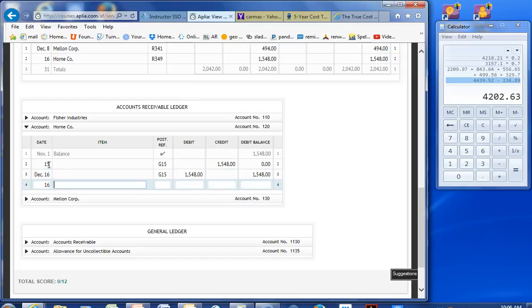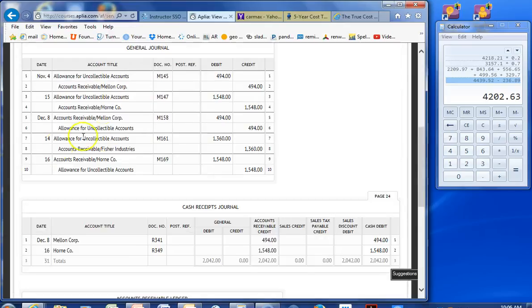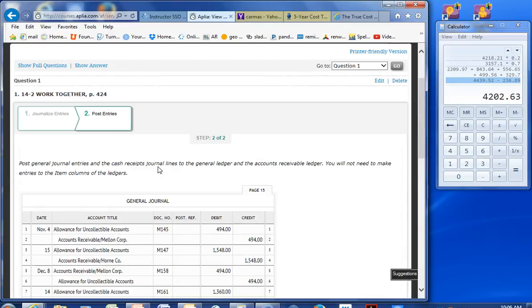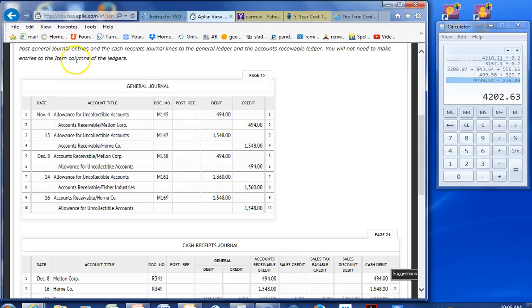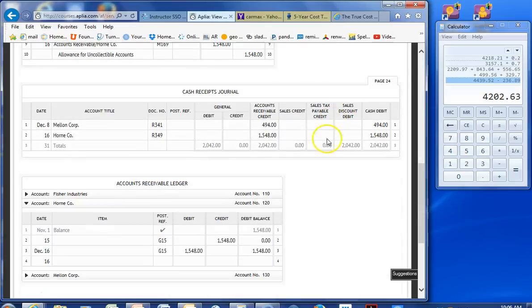And then on the 16th, what do we do? Oh, we will not need to make entries in the item columns of the ledgers. Well, thank you. Oh, wrong one. Sorry. 1548.